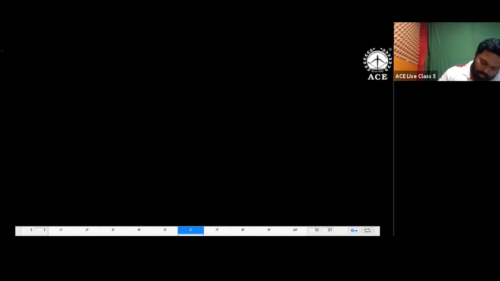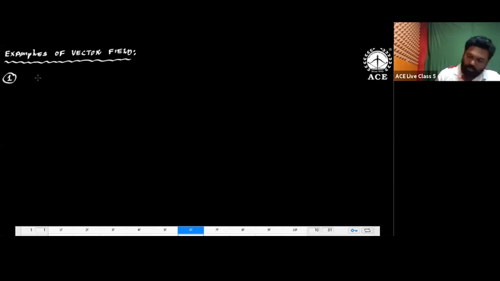Examples of vector fields. What is the first example here?